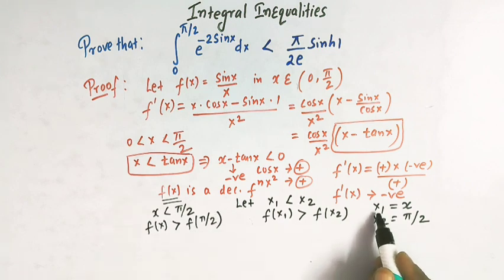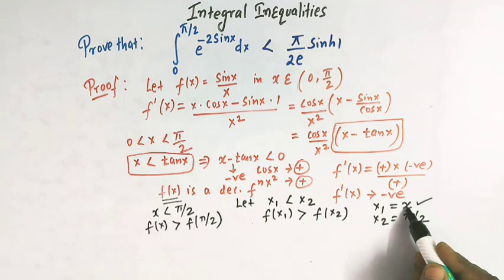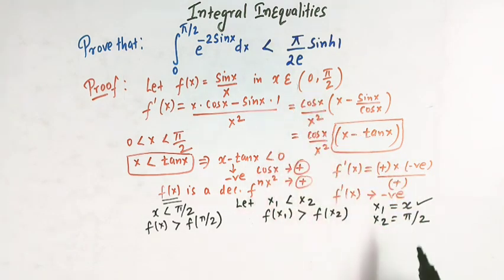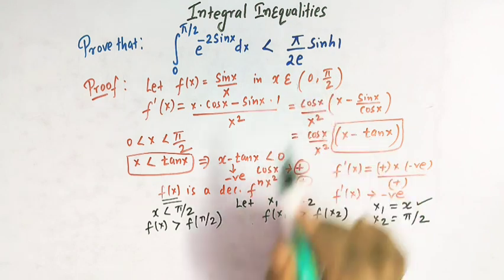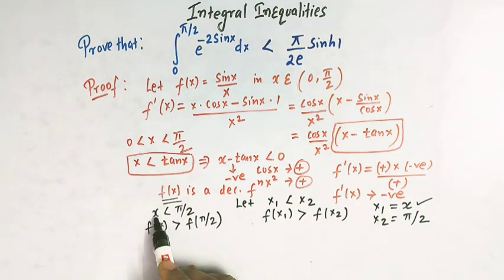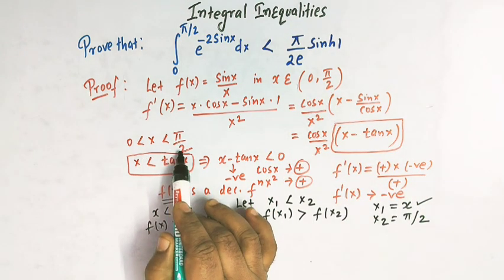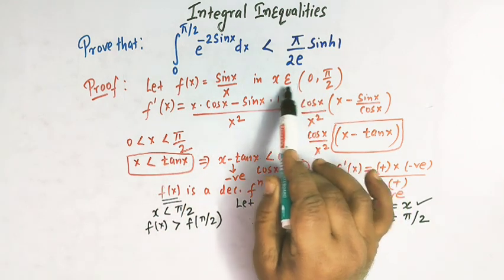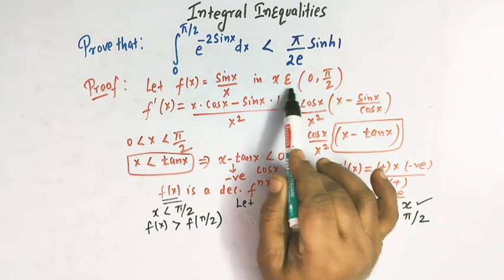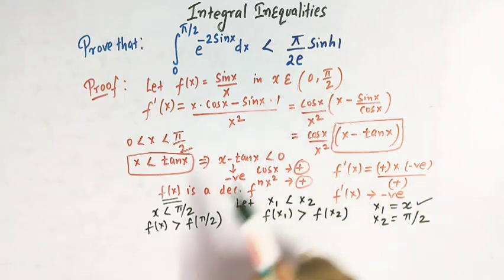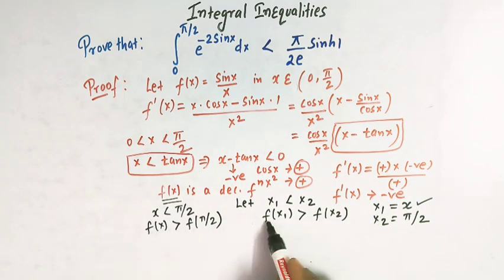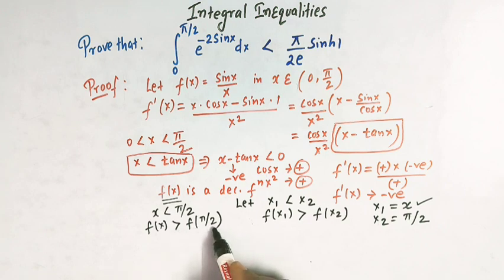What we have done is take x1 as some point x in this interval and x2 as pi by 2. So x is obviously less than pi by 2, as we are given x belonging to 0 to pi by 2. So f of x1 should be greater than f of pi by 2.